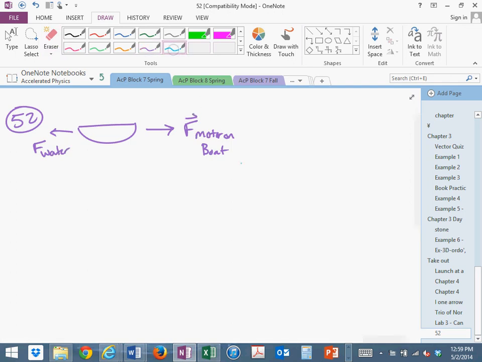So this one is the 2,100, and this one is the 1,800. Does that make sense? So then you could find the net force acting by subtracting the two. Okay, yeah. And then F equals ma? Okay. Cool.